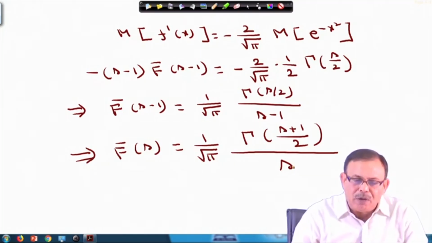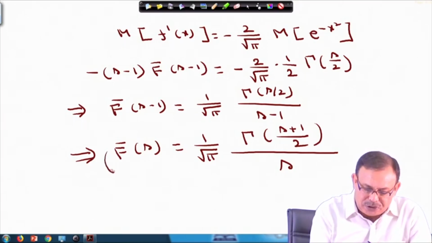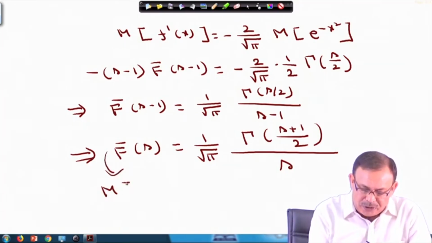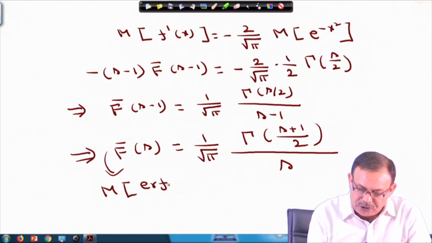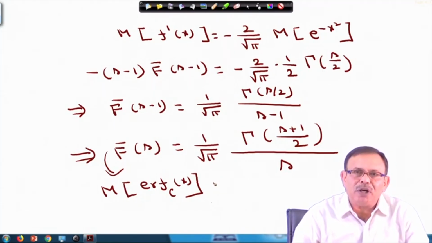So, the Mellin transform of complementary error function, because this is nothing but the Mellin transform of ERFC of x, complementary error function of x, is equal to 1 by root pi gamma of (s plus 1) by 2 divided by s.